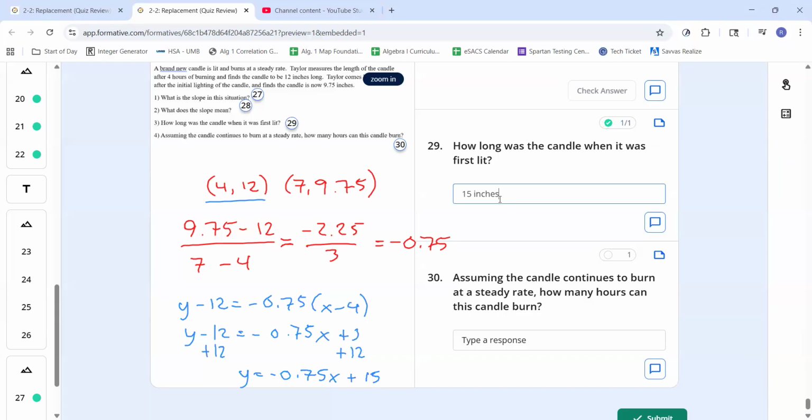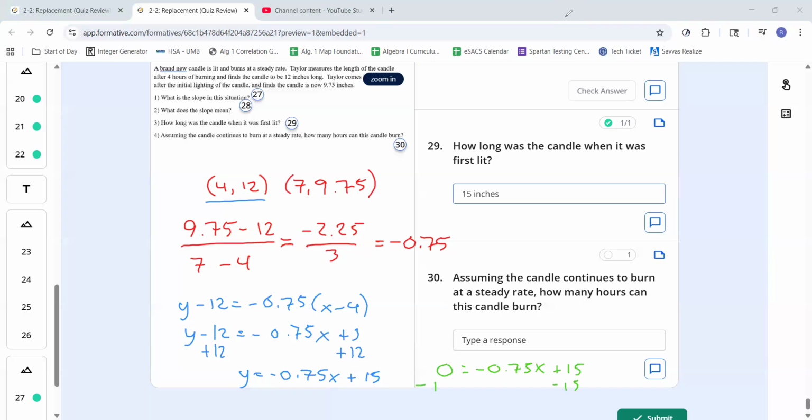Okay. Last one, assuming the candle continues to burn at a steady rate, how many hours can this candle burn? Basically, what you need to see is that your length of candle, the lowest it can be is 0. So I'm going to put 0 in for y and see if it keeps burning at 0.75 inches per hour, how long will it burn?